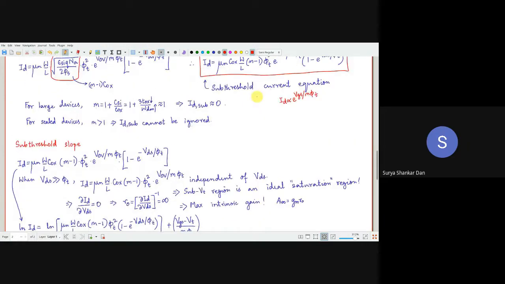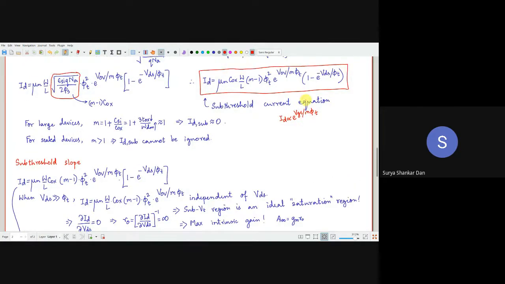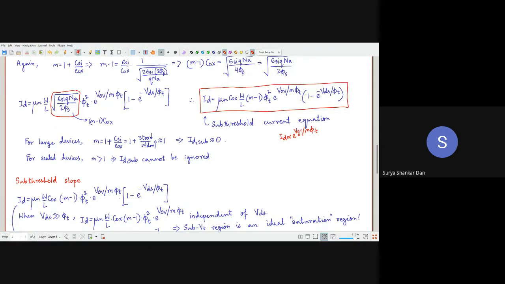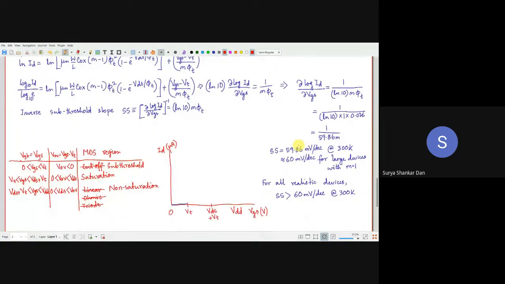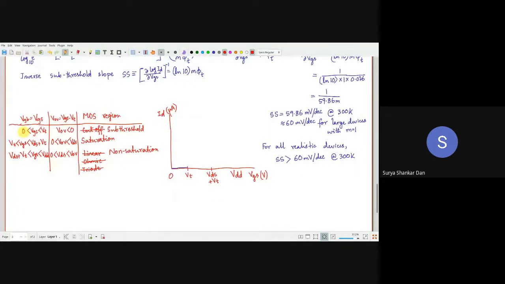So what do we get? It is essentially an exponential function. That is what I'm trying to drive at. Okay, look at VOV. Even more accurate than that, it is e to the power of VOV by m phi t. Okay, now what have we seen here? Between 0 to VT, that is when VGS is less than threshold voltage VT, it is in sub threshold.